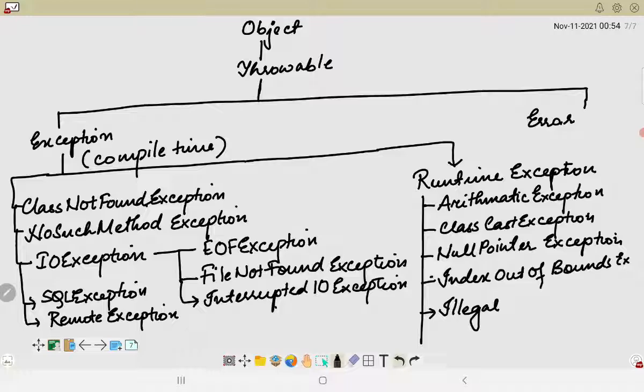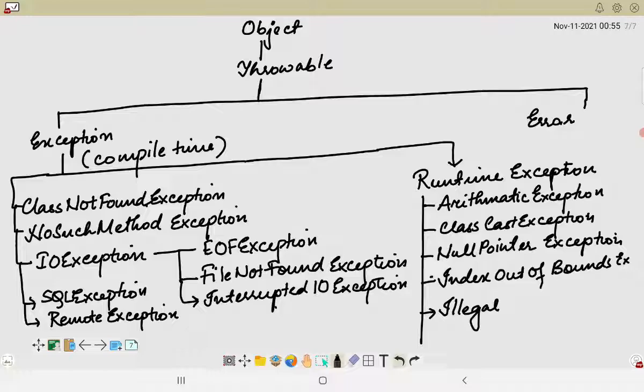Index out of bound exception has some different subclasses, which are array index out of bound exception and string index out of bound exception. So those are also some of the classes of exceptions under the index out of bound exception class of the runtime exception, under the exception category.